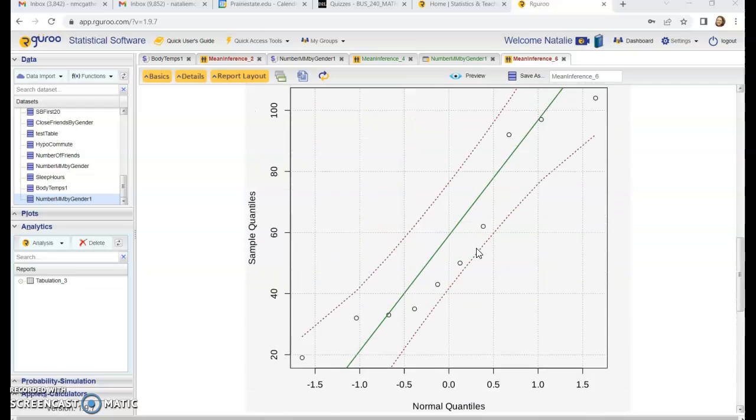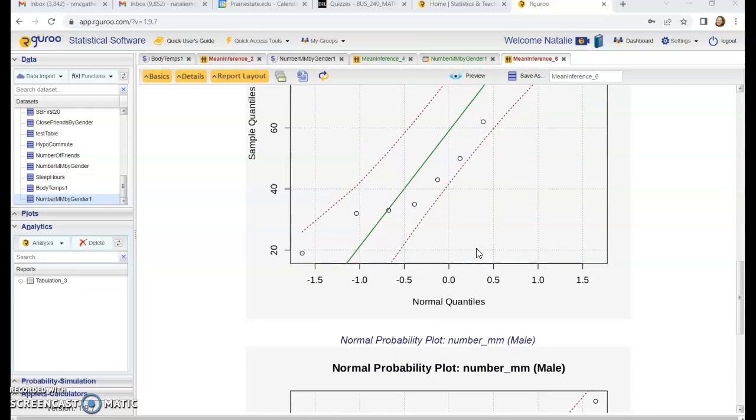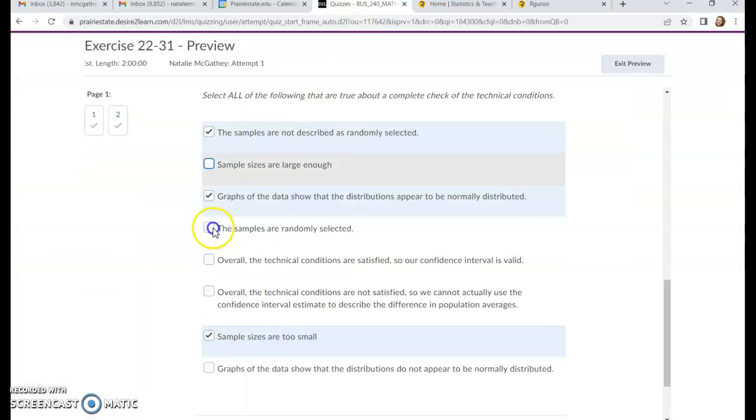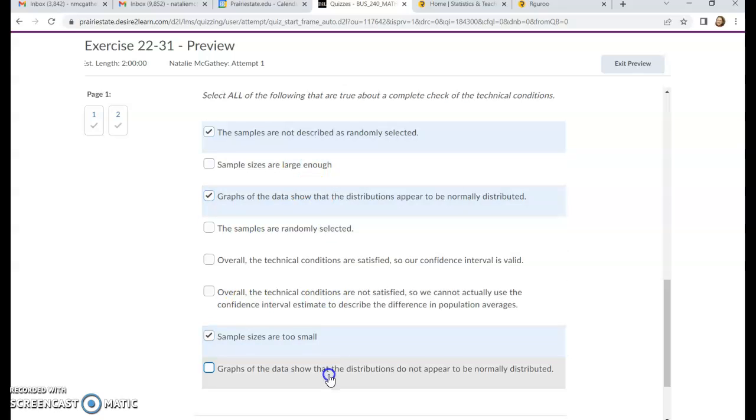So yes, those two are within those bounds of being normal. According to the normal probability plot that we're looking at, graphs of the data appear to be normally distributed.